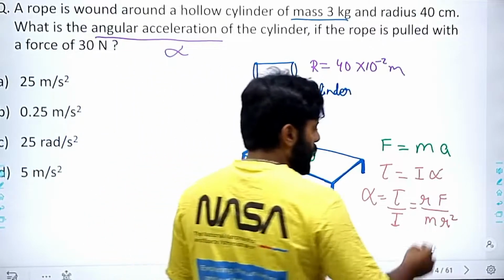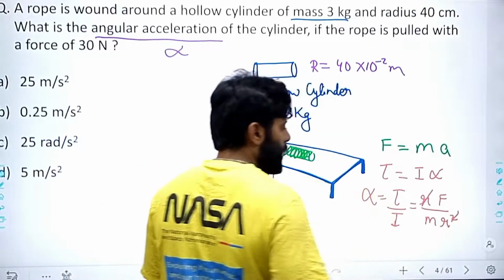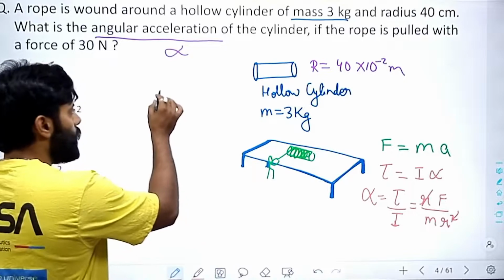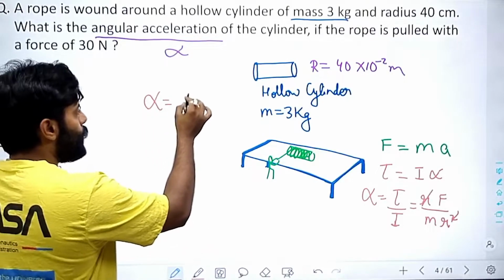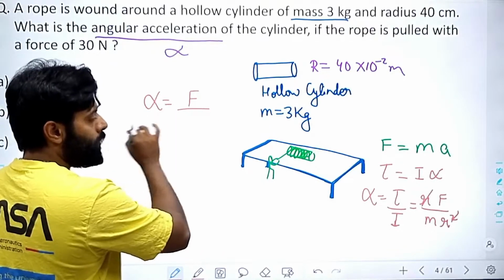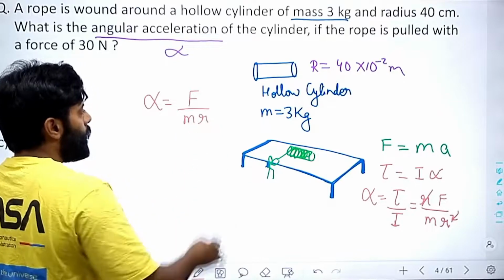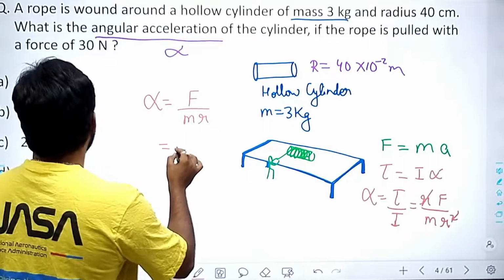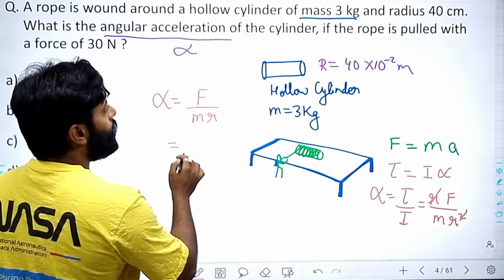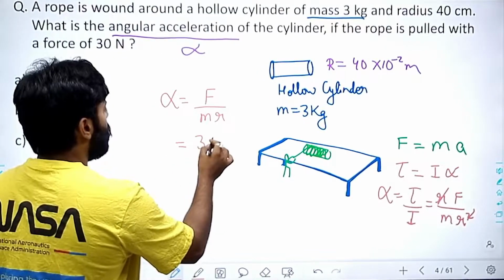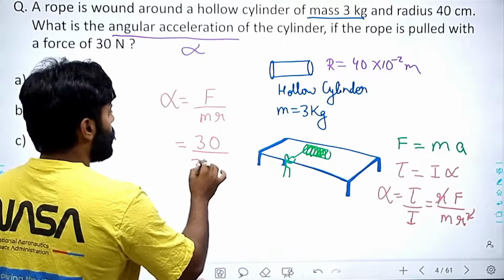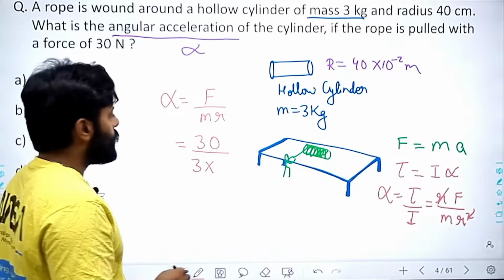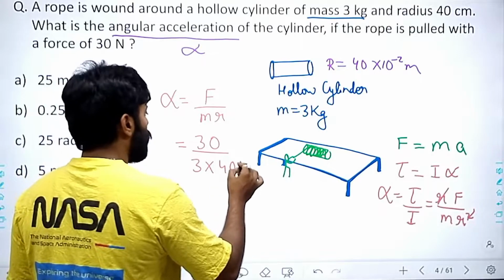So I can cancel this r with this r, and this alpha will become F upon mr. This alpha will become F upon mr, and force you can write as 30, mass is 3 kg, and radius you can put as 40.